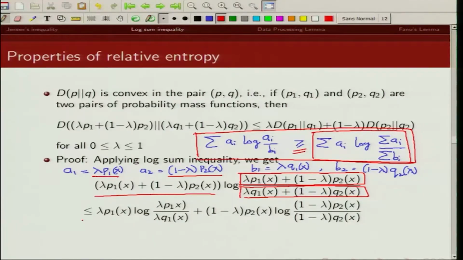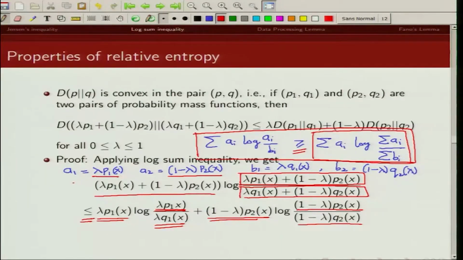So, this is less than a1 log a1 by b1 plus a2 log a2 by b2. So, this is my a1 and this is my b1, this is my a2 and this is my b2.